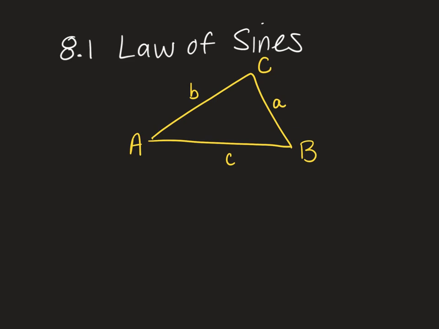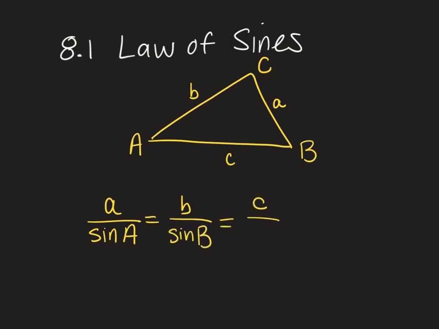It comes like this: a over sine of A is equal to b over sine of B, which can also be equal to c over sine of capital C. We're going to use any two parts of this. We don't have to use all three at once. Any two parts to solve for one missing piece.